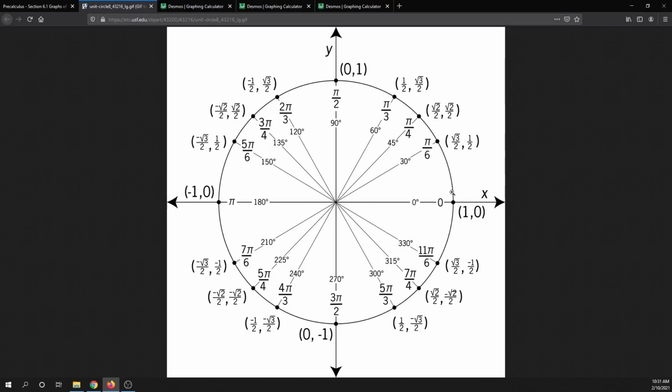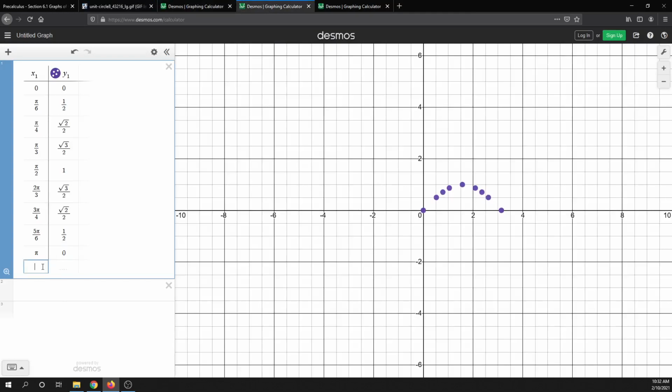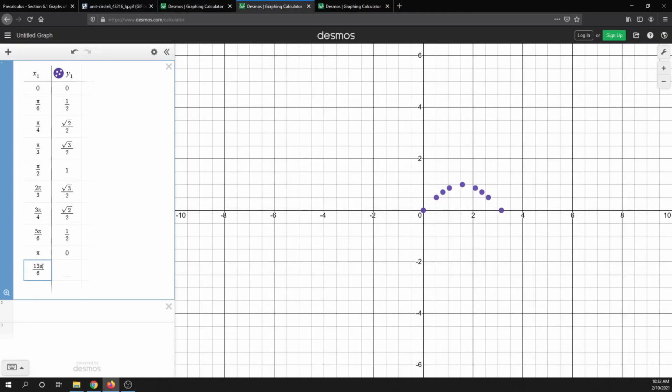And then the next one would be 2 pi plus pi over 6. Getting a common denominator, that would be 12 pi over 6 plus 1 pi over 6, which would be 13 pi over 6, and it would be at 1/2 again. So this would continue to go 13 pi over 6, and then 1/2.